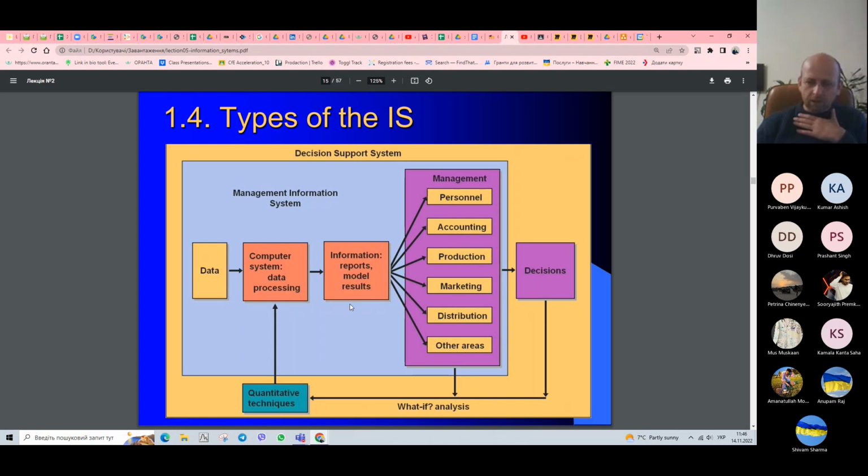What kind of information can be sent? We have different management functions: personnel, accounting, production, marketing, distribution, and others. Each kind of user, doctors, nurses, and the HR department, and everybody uses his required type of information.